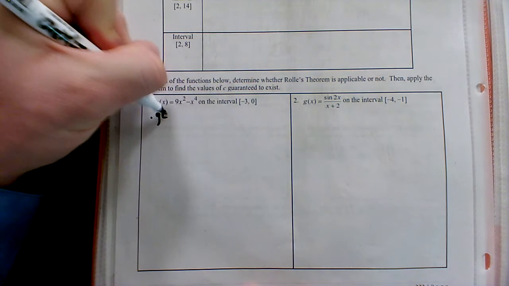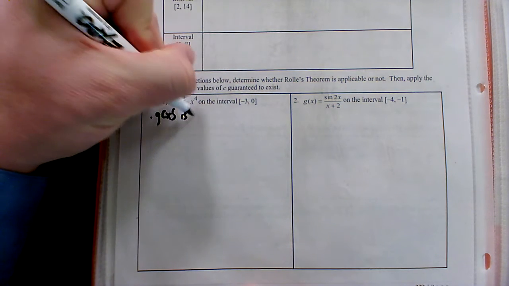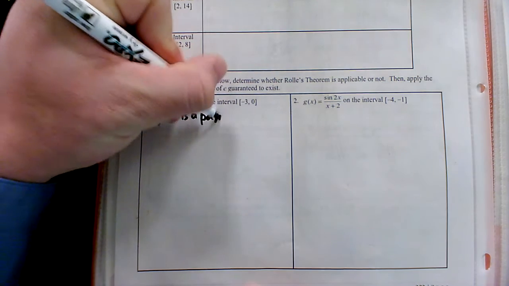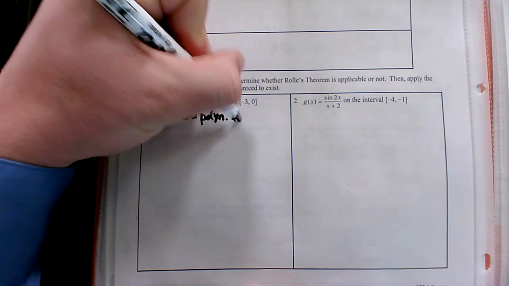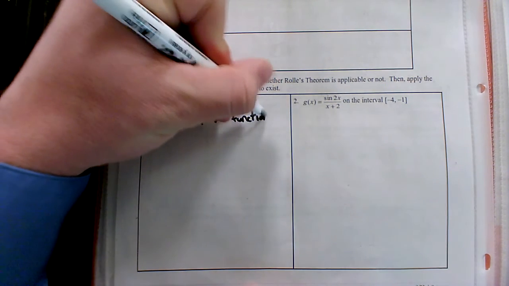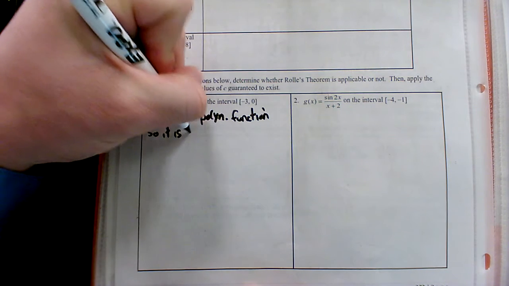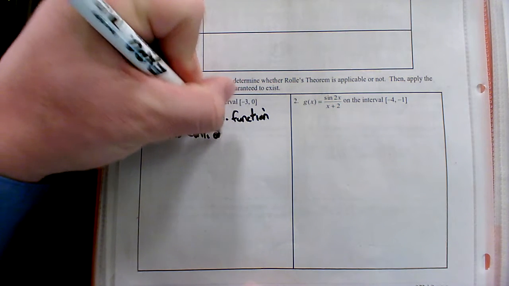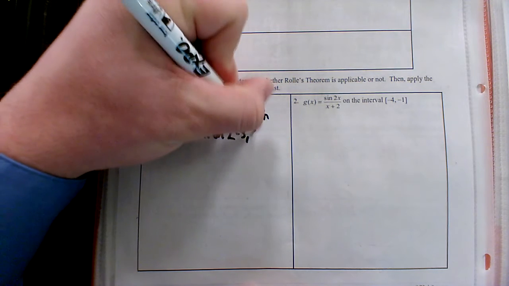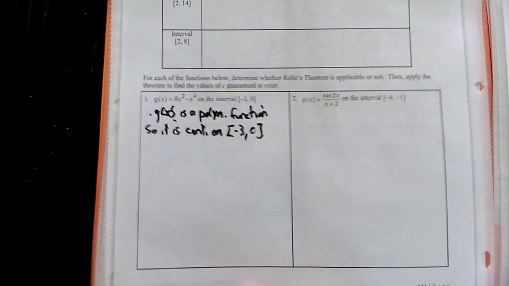Yes, it's going to be continuous there. Okay, so let's state that. g of x is a polynomial function, so it is continuous on -3 to 0.